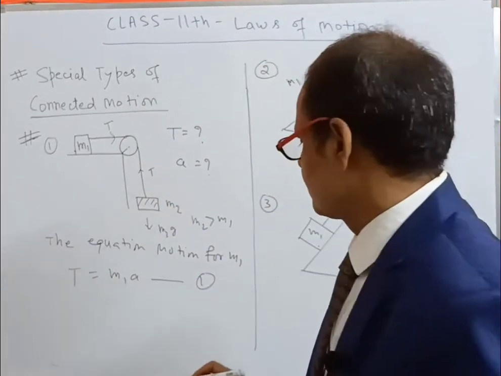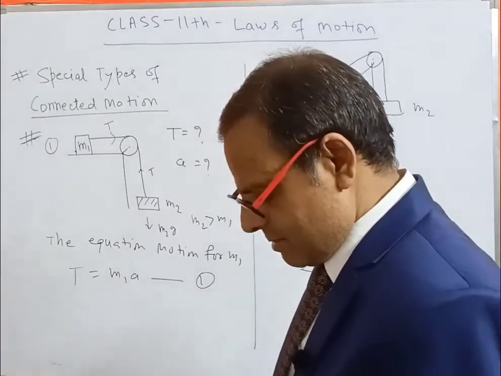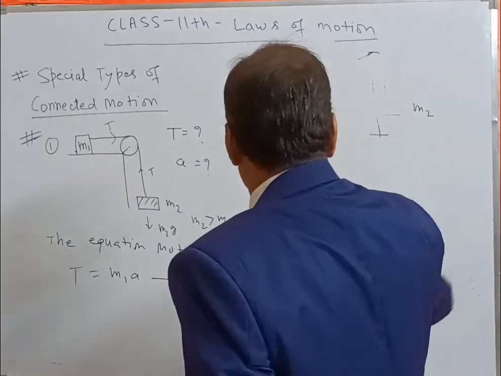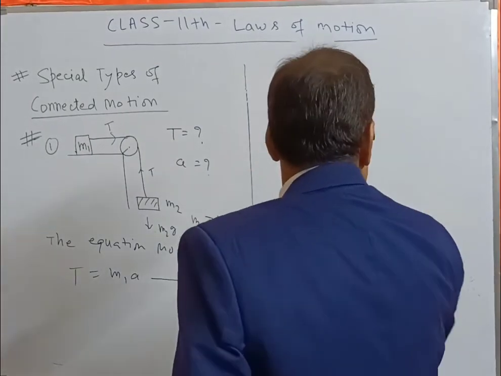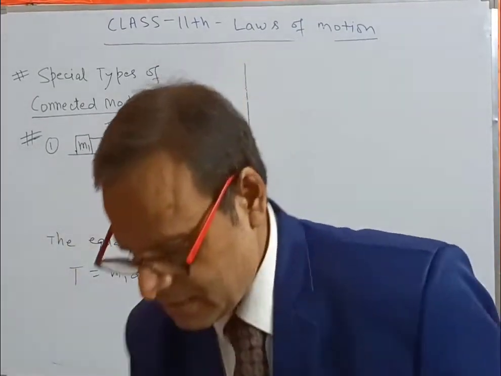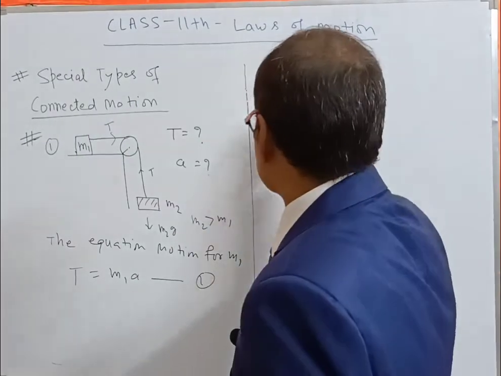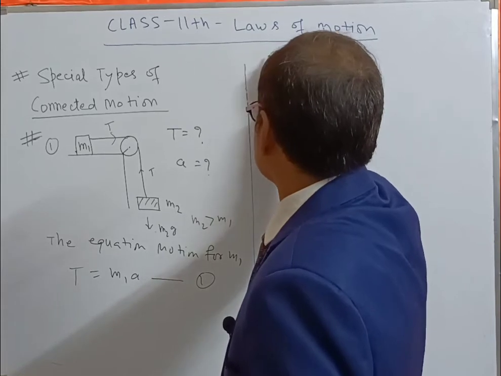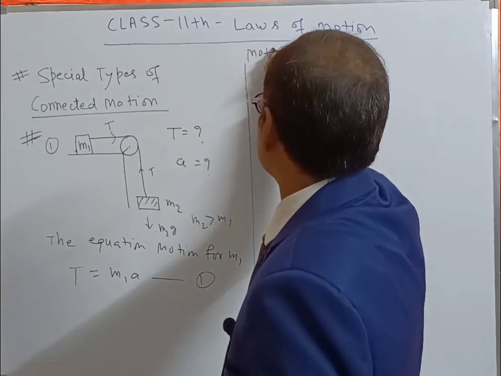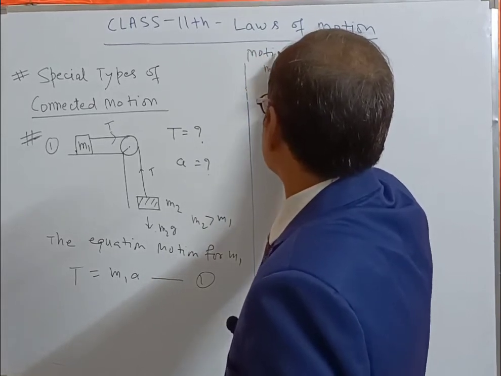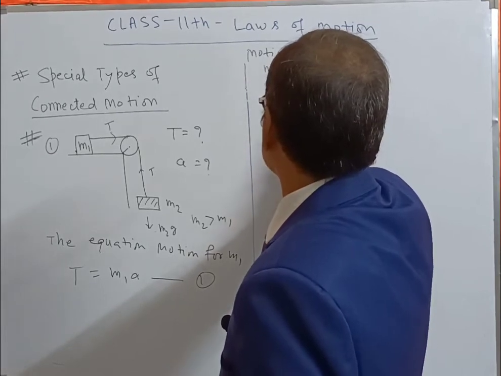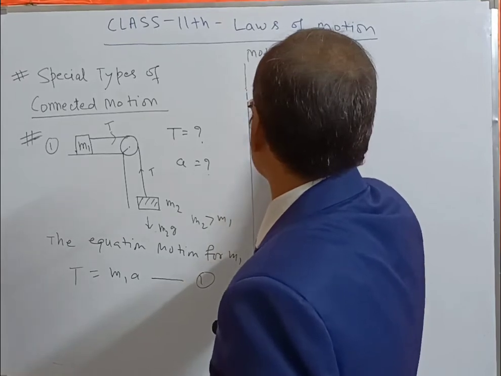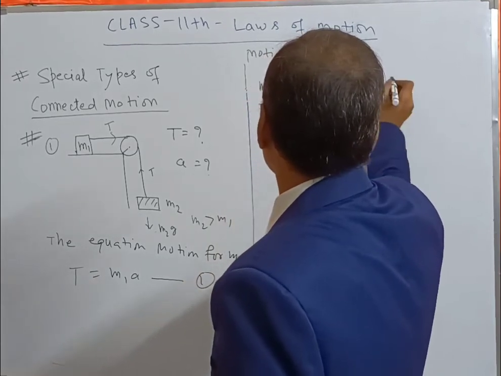This is equation 1. Similarly, we can write the second equation for the second mass, M2. The equation of motion of M2 is M2G minus T equals M2 into A. Equation number 2.